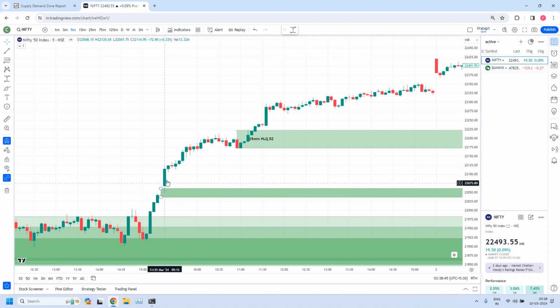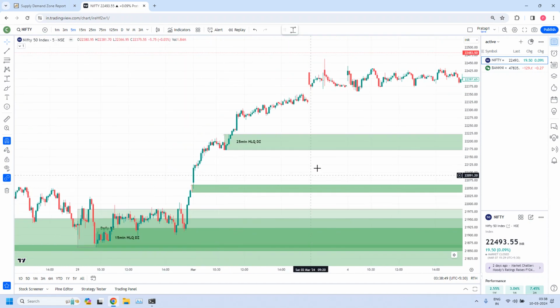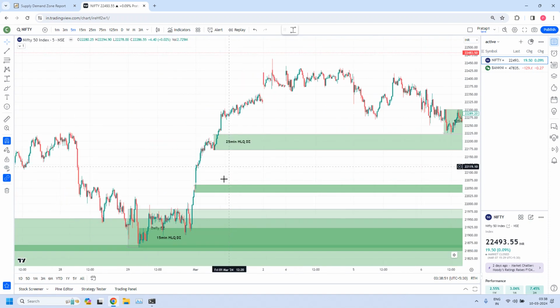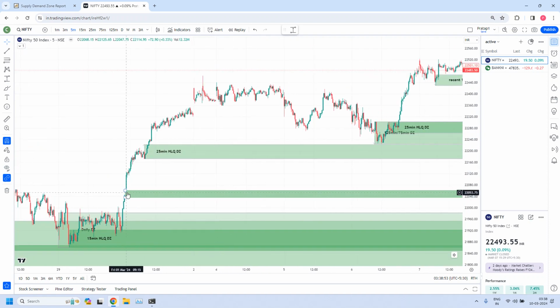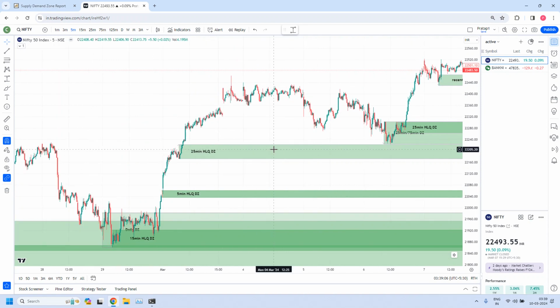We have one base and we have a rally. Where is the text? Okay.